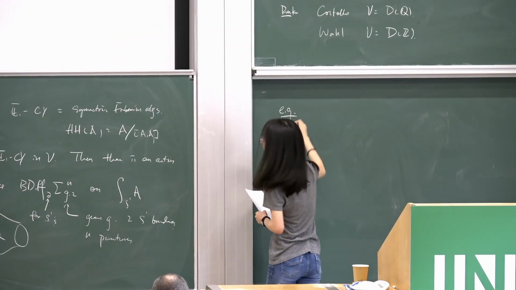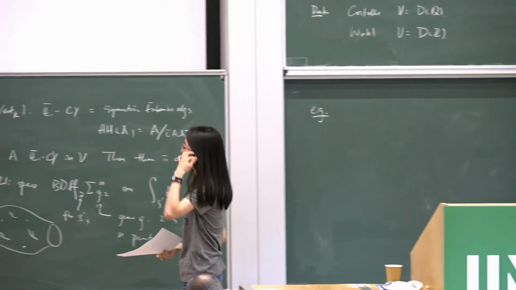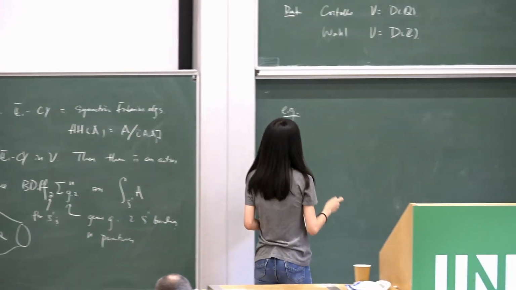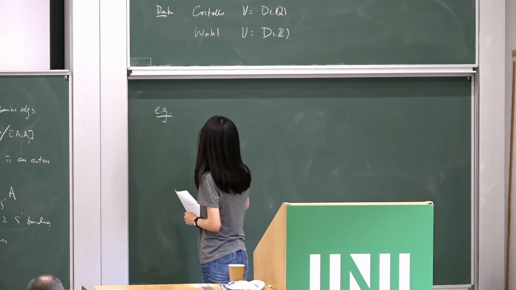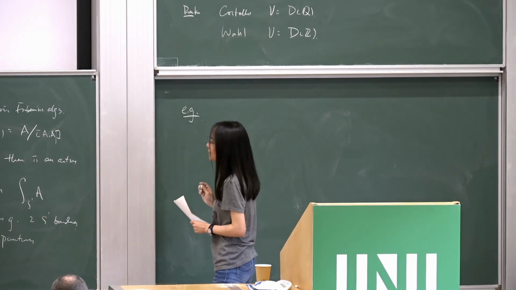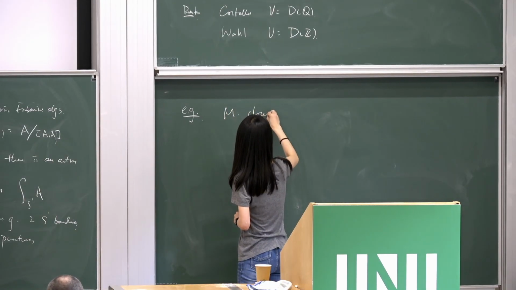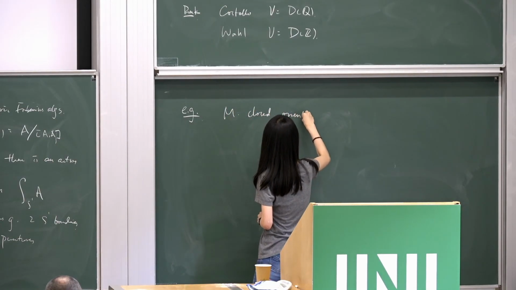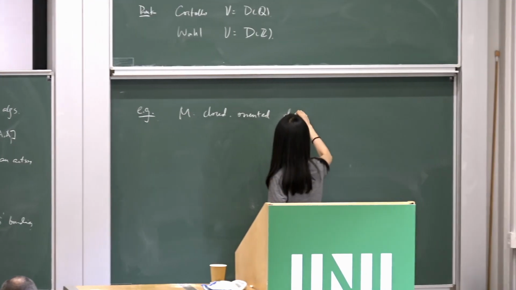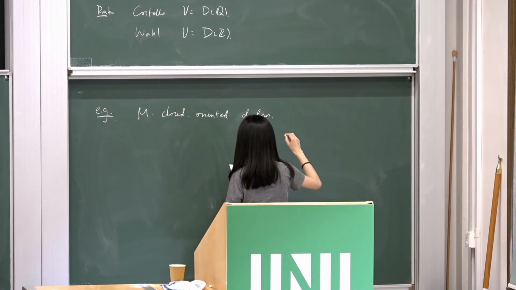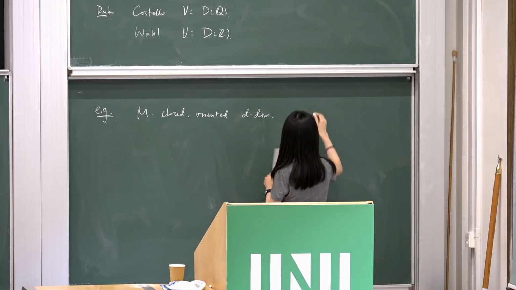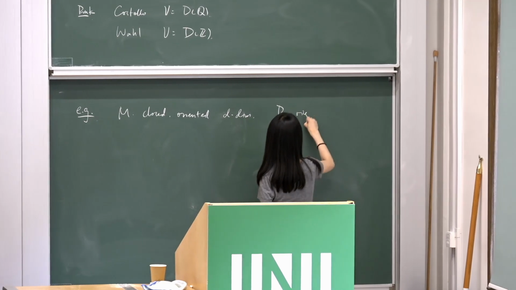So what are some E1 Calabi-Yau objects that appear in nature? One canonical example, though not technically an E1 Calabi-Yau object: let M be a closed oriented d-dimensional manifold, and R any ring spectrum.